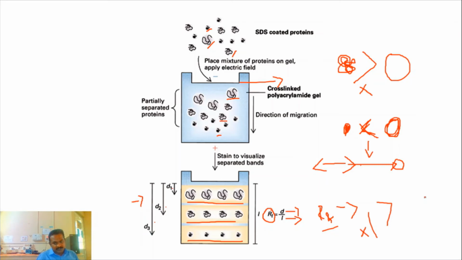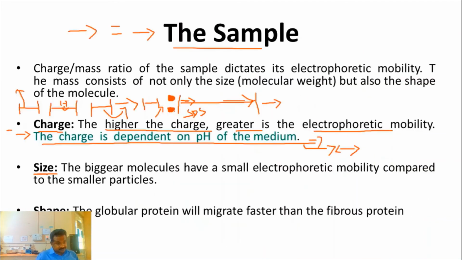If the RF value is less than 1, the molecule is small in size. Before applying the sample, we must calculate the RF value of the sample, for getting better resolution.